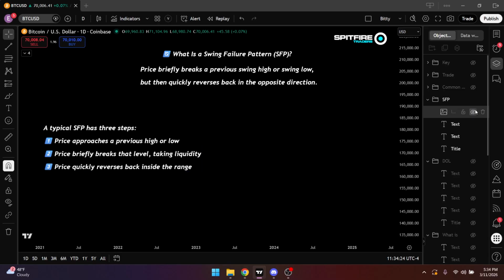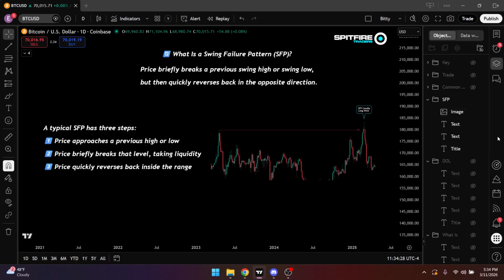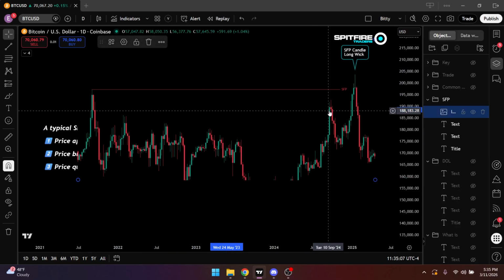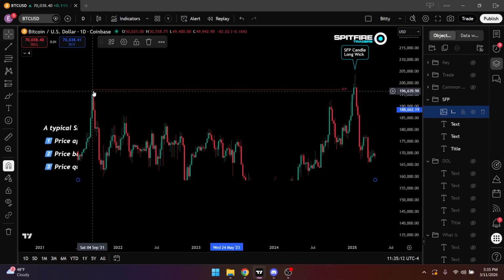A swing failure pattern has 3 steps. Price approaches a previous high or low, price briefly breaks that level, taking liquidity, and then reverses back inside the range. This move usually leaves a long wick on the candle that swept that high or low, depending on the direction. As you can see here, we have the high, above which we had the liquidity.